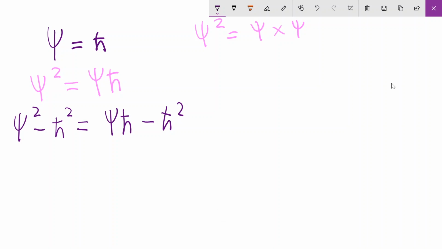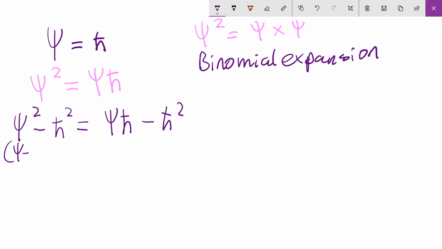Nice. Now, if we use binomial expansion, we can derive this to be that. Alright, I'm just gonna use pink.